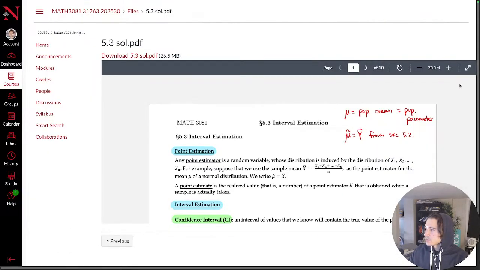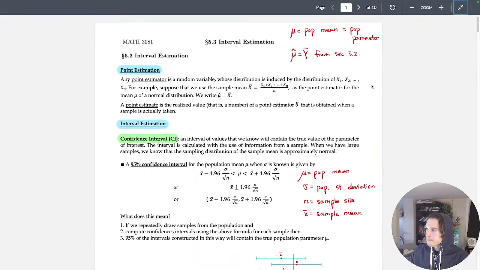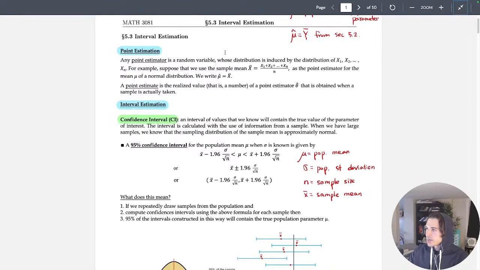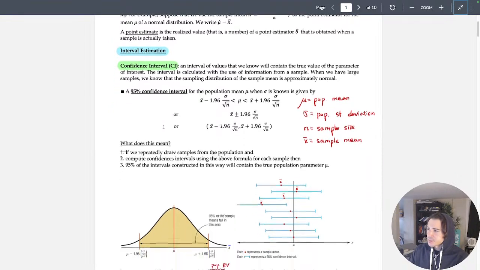And interval estimation. Point estimation. Any point estimator is a random variable whose distribution is induced by the distribution. Okay. Main takeaways from this section are confidence interval, which is very easy.